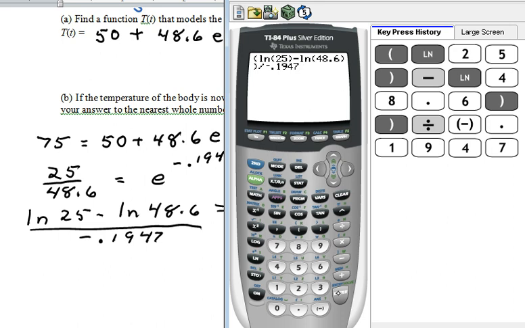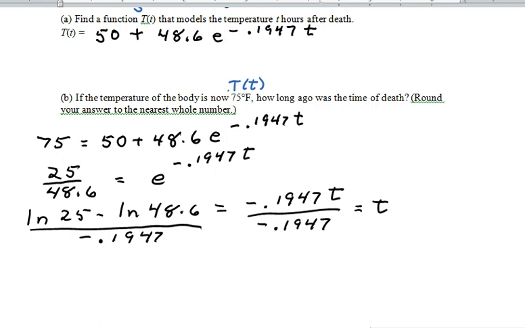And when we hit enter, we get 3.414 hours. It says to round to the nearest whole number, so we'll call that 3 hours. So the body has been dead for 3 hours.